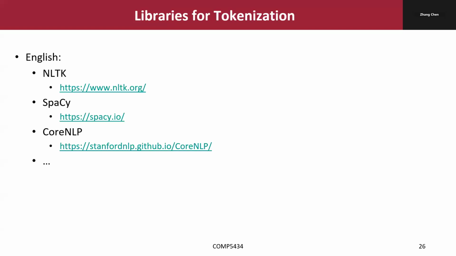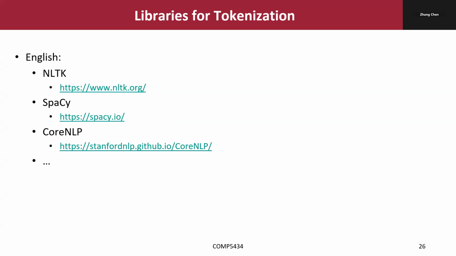Here are some libraries for tokenization, so you can open and download those. They are all open source. For English text, I think NLTK is a classic library, right? Basically, those libraries can handle tokenization, stop word removal and stemming for us.